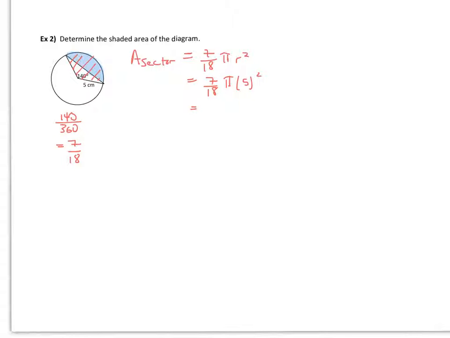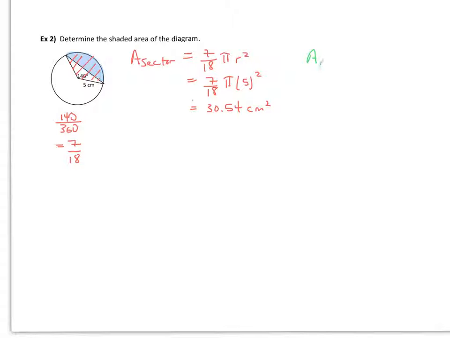I'm not going to bother with the exact on this, so we're just going to go to our decimal amounts. So 25 times 7 divided by 18 times pi gives 30.54. I'm going to go to 2 decimal places, 30.54, and that's area, so that's square centimeters. Now I need the area of a triangle.